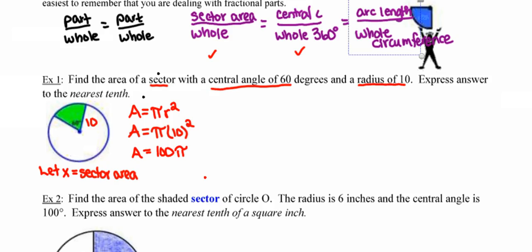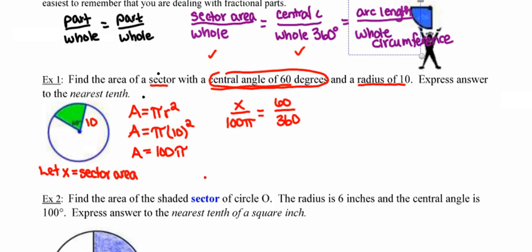So I've got x, the sector area, over the whole area of 100 times pi is equal to the central angle, which they tell me in the problem is equal to 60 degrees, over the whole 360. So again, it's part over the whole is equal to the part of the angle over the whole 360.